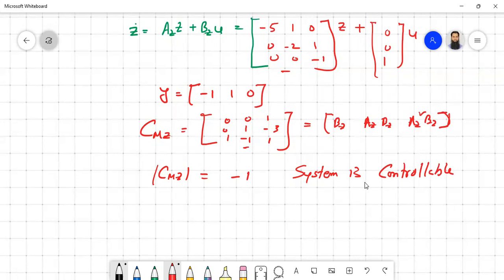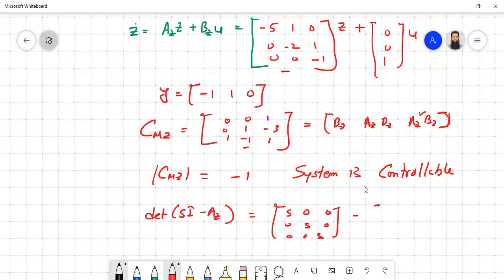Okay, so the next step is to find the characteristic equation based on this system matrix that has been given as A. So basically determinant of sI minus Az. That will give us s, 0, 0, 0, s, 0, 0, 0, s minus minus 5, 1, 0, 0, minus 2, 1, 0, 0, minus 1.